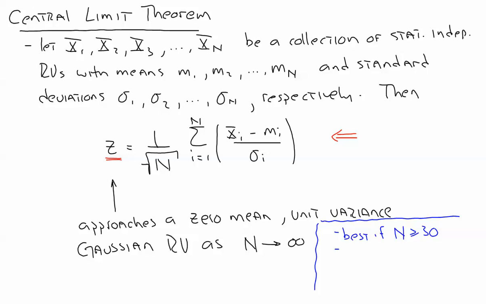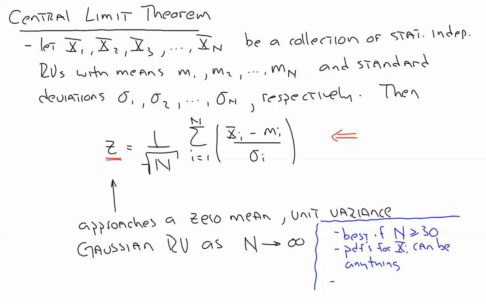The PDFs for each x sub i can be anything. One could be Gaussian, one could be Rayleigh, one could be uniform, one could be delta, discrete. It could be anything. They just have to be statistically independent.